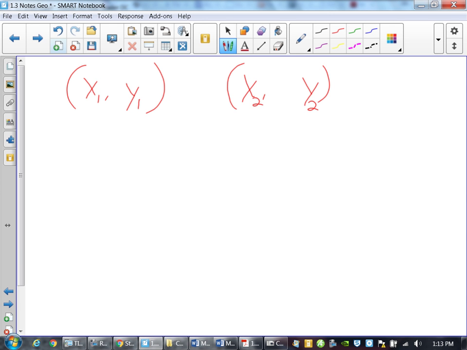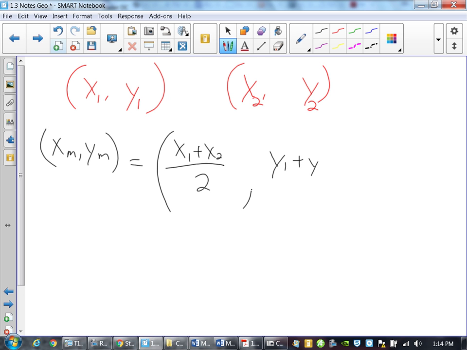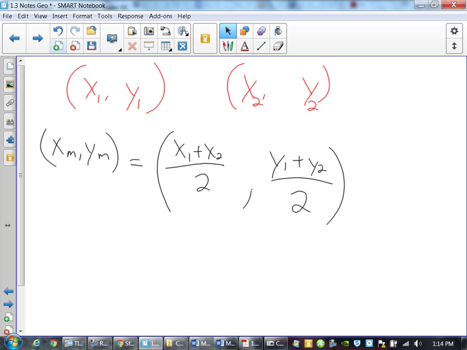So basically it's no more than taking, to find the midpoint of a set of ordered pairs, so I use M for midpoint, it's just the average of the values. You take the first X value, you add it to the second X value, and you divide it by 2. You take the first Y value, you add it to the second Y value, and you divide it by 2.